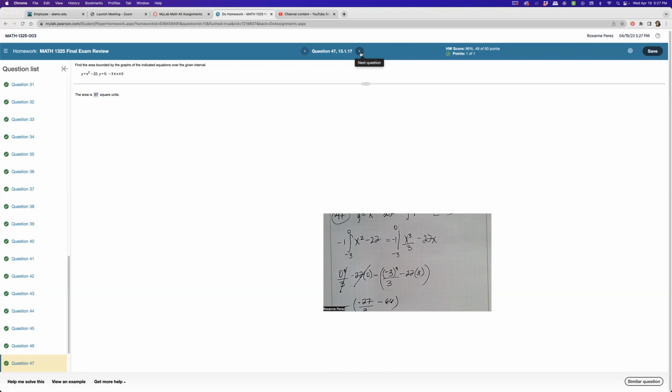66. 22 times 0 is 0. 0 cubed is 0 over 3. -27. Oh, dang.